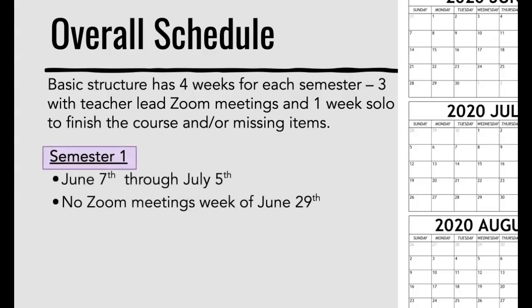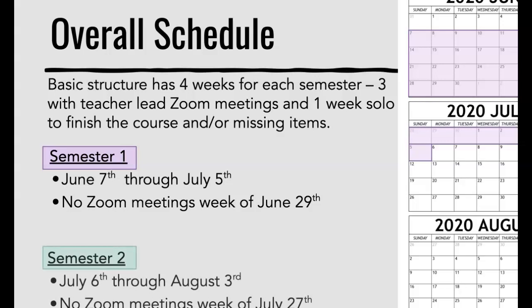Semester 1 will run June 7th through July 5th. We will not have Zoom meetings the week of June 29th. So the 29th, 30th, July 1st, 2nd, 3rd, we will not have meetings. That will be your solo week if you need it. Again, our schedule on the right, highlighted in purple, is how long we have to work on semester 1 of our classes. Semester 2 is July 6th through August 3rd.